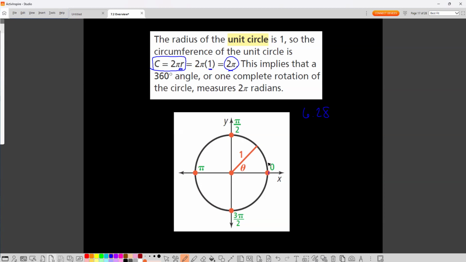So if you went around here, a radius, since this is 1, that's 1, that's a radius. If you went all the way around, there's 1, and there's 1, and there's 1, and you keep going like that, you're going to have 6 plus a little bit more left over.